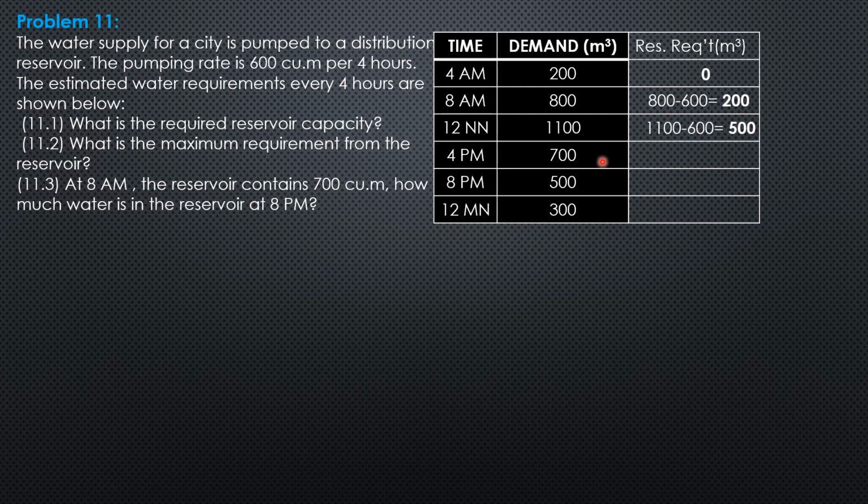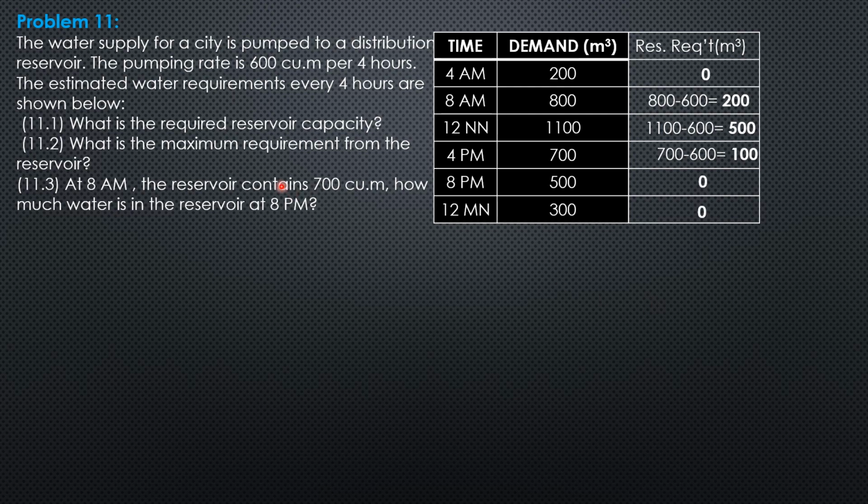Then at 4 p.m., 700 minus 600 is 100. Then 8 p.m., 12 midnight, no more reservoir requirement because the pumping rate alone can sustain this demand. More than enough. So 0 and 0.